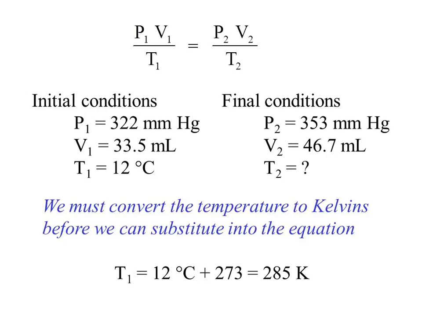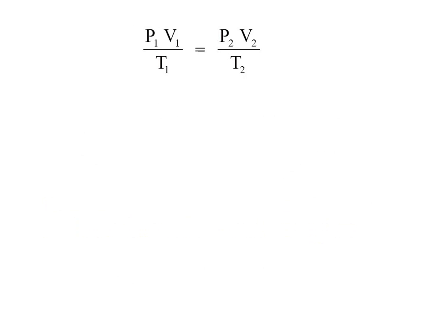Then you take the set of 6 numbers and solve for T2. I showed you how I would cross multiply. After you cross multiply, to get T2 by itself, you would have to take both sides times 1 over P1, V1. It's all algebra. You have to concentrate.